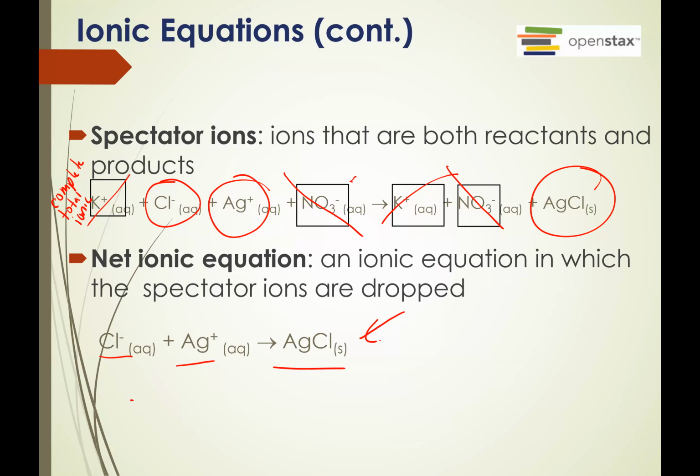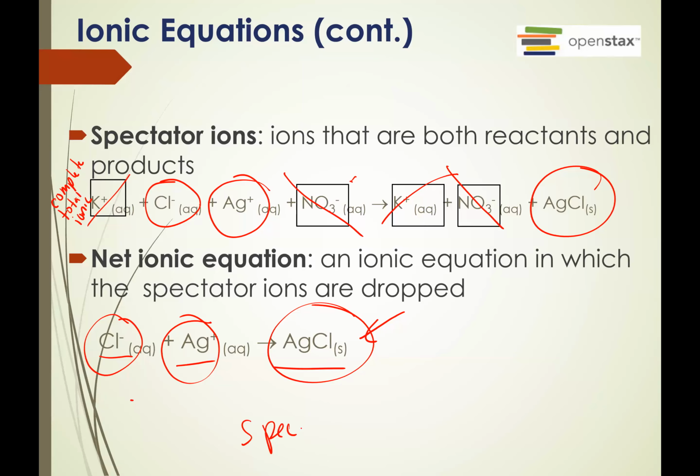What's actually happening in the reaction? The chloride ion is combining with the silver ion to create silver chloride. That's what's actually happening. The things that we crossed off at the top here are what we call our spectator ions.